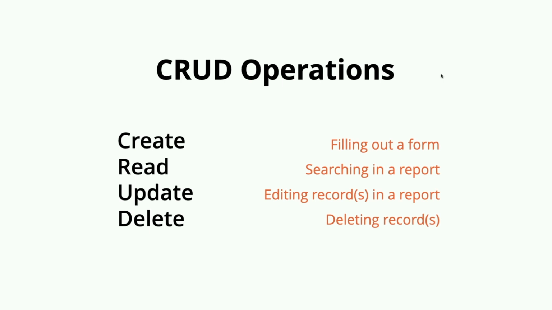These integration tasks support CRUD operations. CRUD operations mean you can create records, read records, update them, and delete them, all the basic things that you would want to do in a database or an application.